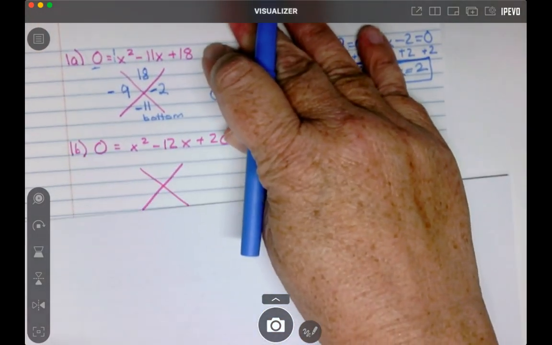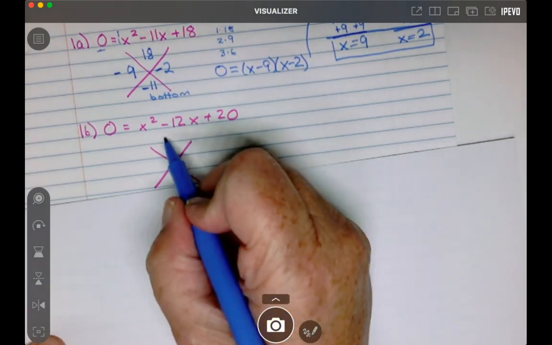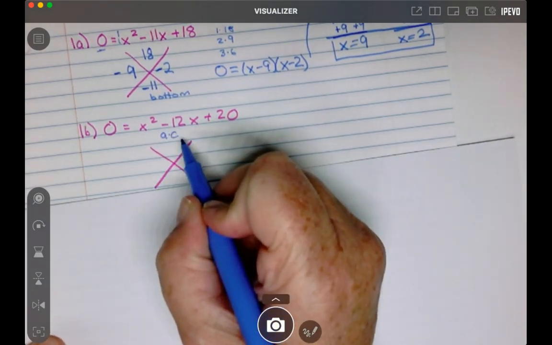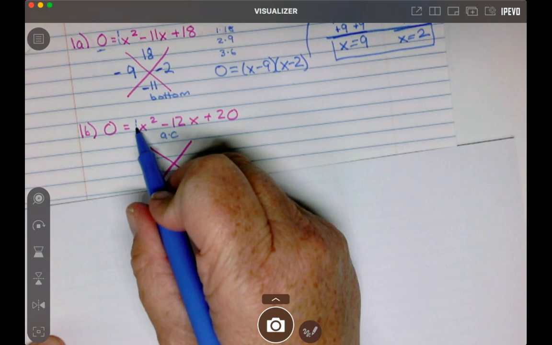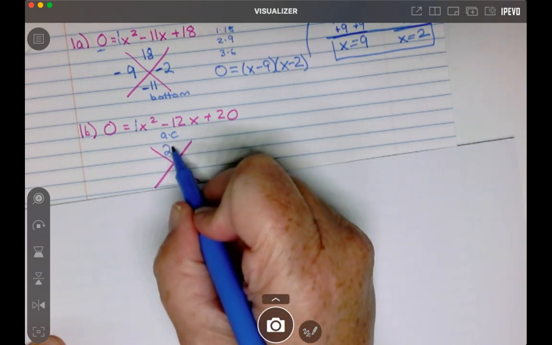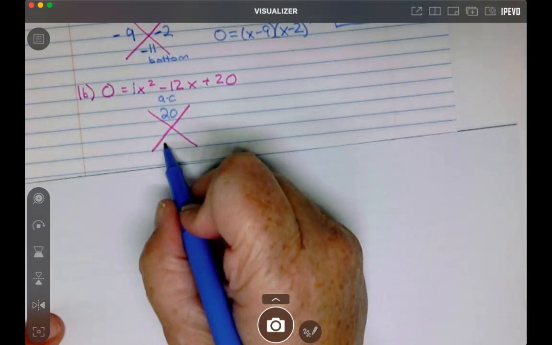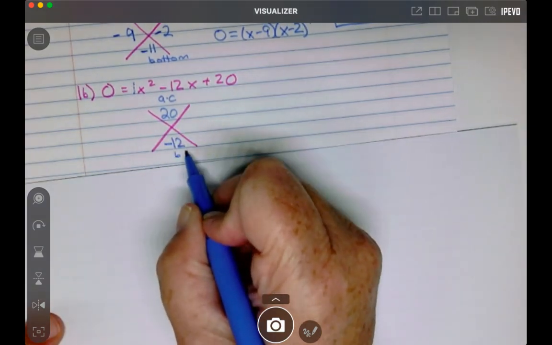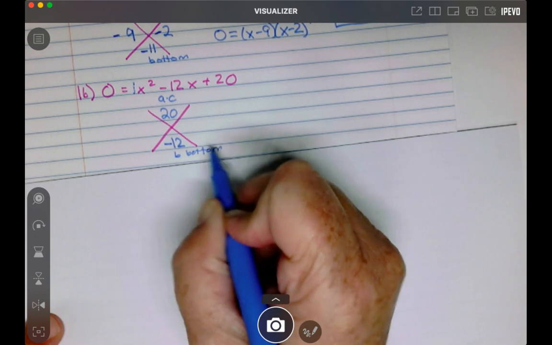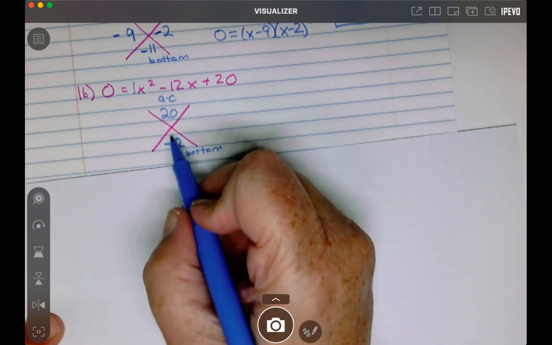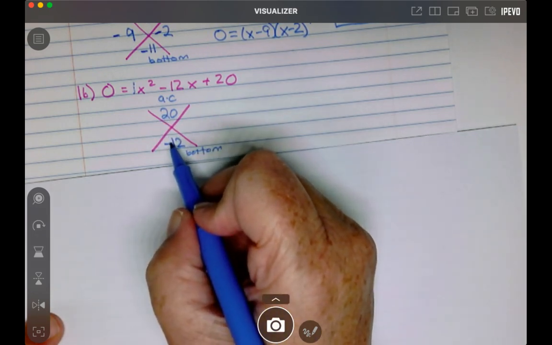Okay, on to 1b. A times c goes on top, and in this case that is 1 times 20, which is 20. And b always goes on the bottom, negative 12, b for bottom. I need a product of 20 and a sum of negative 12.